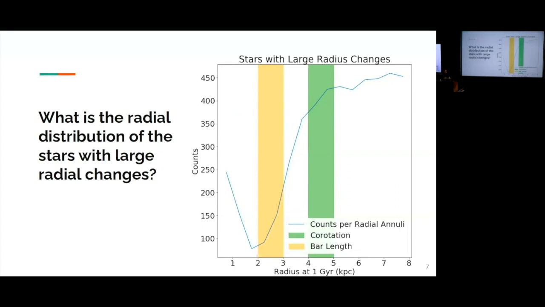But even from this super simple approach, you see that a lot of stars do have changes around where you would expect co-rotation to be. You also see a dearth near where the bar is. And then you see another peak in the very inner regions, where things are just wild. It's the Wild West in there. Things are changing all the time.